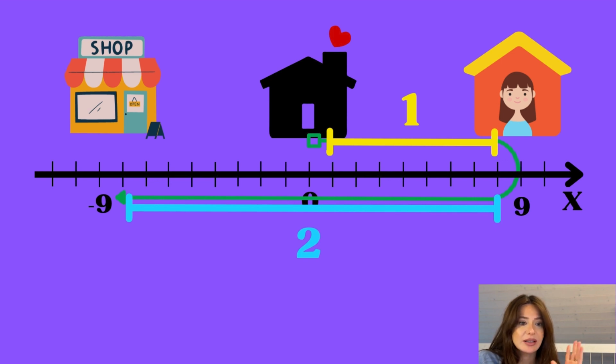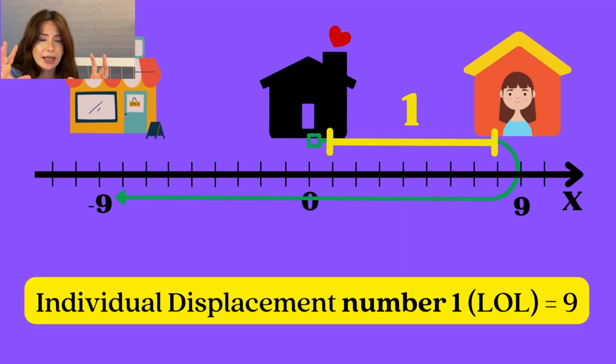The first one is from home to my friend, 0 to 9, and the second one is from my friend's home to the store. From my home to my friend's place, final is my friend's, at x equals 9, and initial is home, that's 0, so 9 minus 0 is 9.